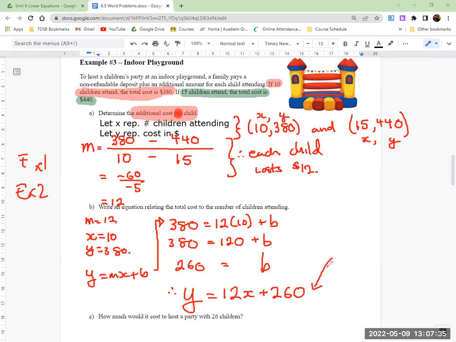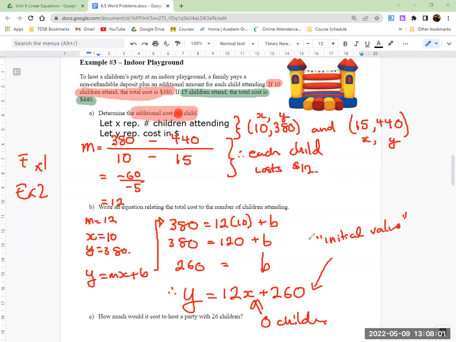Just to make sure you understand what each number represents, what is 260 here? What is it? There's a meaning behind everything, so you need to know. What if I gave you that as a multiple choice question? Mathematically, this is the initial value. By initial value, it's when I have 0 children.